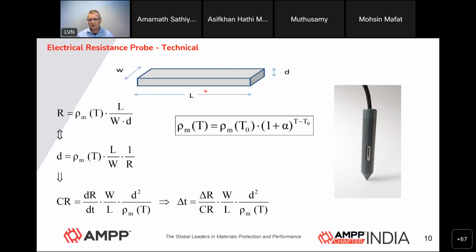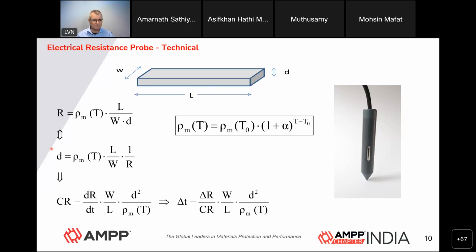And you utilize that when you know the dimensions of this metal element, the width, the length, and the thickness. You have a very well-defined resistance of that element measured from here to here, and that resistance depends exactly on the dimensions. So you can rearrange this equation and get the thickness as a function of the resistance of that element.